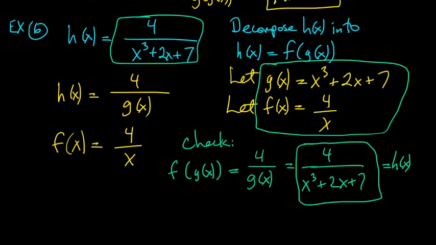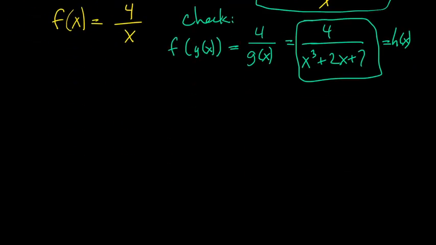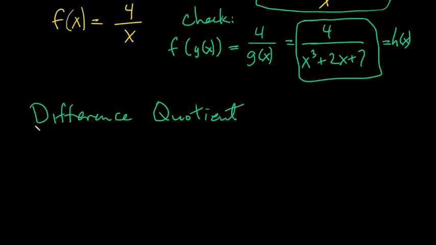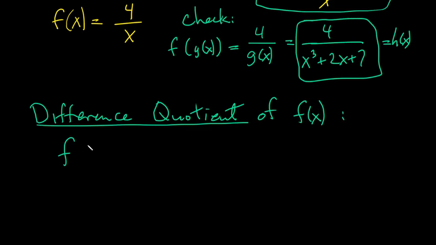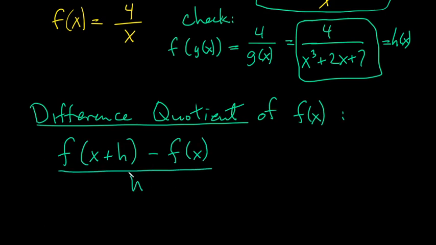And another thing we want to do with functions is find their difference quotient. So the difference quotient of a function, I'll just call it f of x, is defined to be the following. It's f of x plus h minus f of x all divided by h.